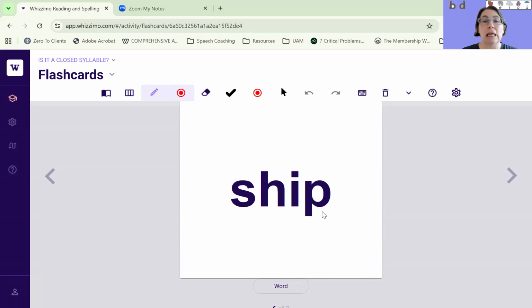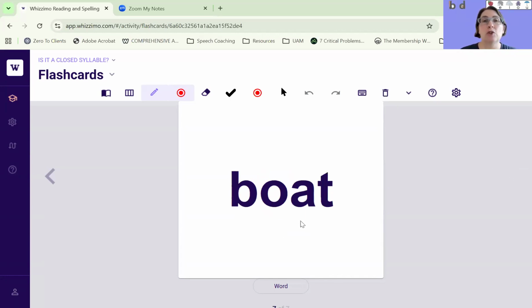Sh, i, p, ship. Closed syllable. We got it. And one more. How many vowels do you see? That's right, there are two, an O and an A. Those are both vowels. That tells us this is not a closed syllable, so we are not even going to look at it.